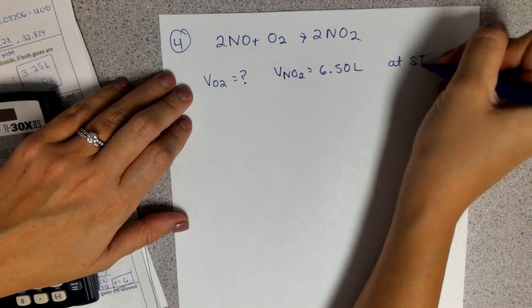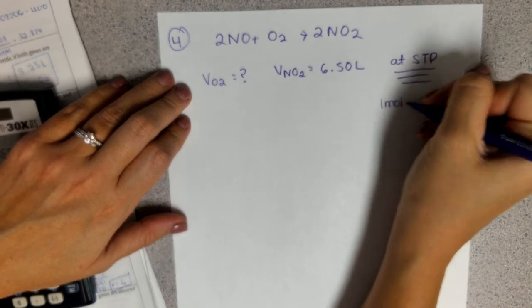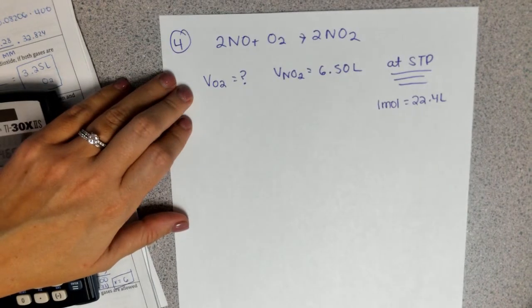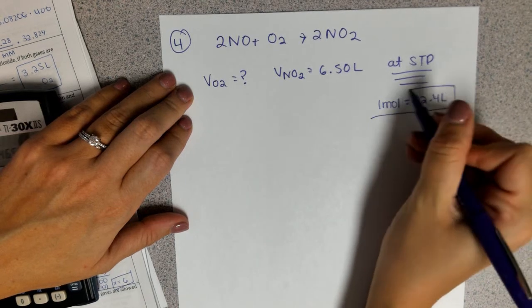So when gases are at STP, 1 mole of any gas equals 22.4 liters. That is true. Now you could do this as an ideal gas, but you don't have to because it's at STP. This conversion is true.